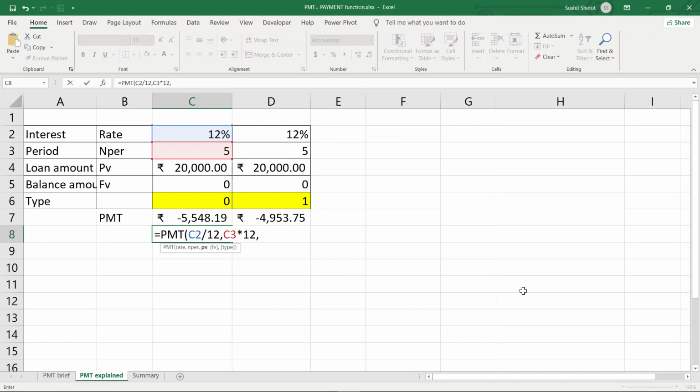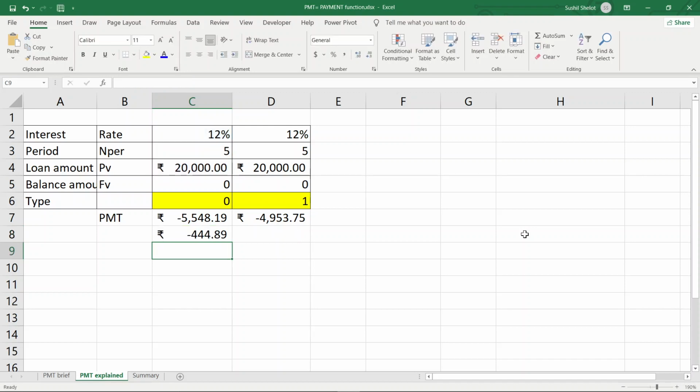The next thing is PV, so I'm going to choose the PV here as C4 and give comma 0 comma 0. So that is it. At the end of the period, whatever value has to be paid, that is at the end of every month, how much amount is to be paid as payment. Here is the output, and it is minus 448.89.